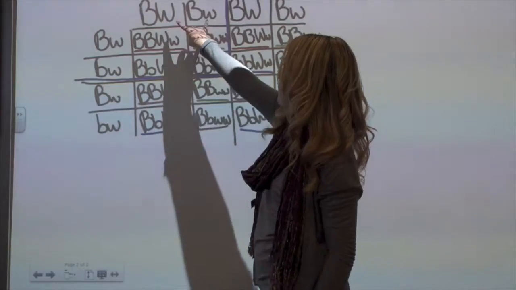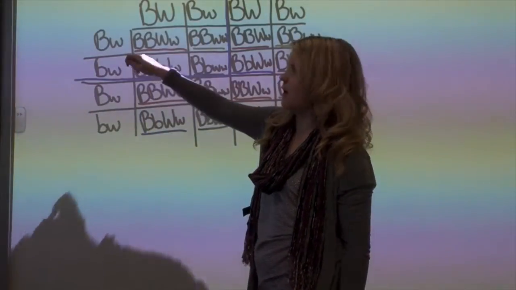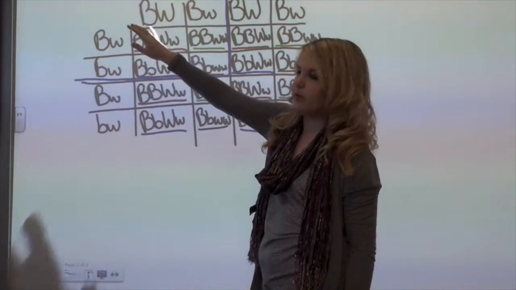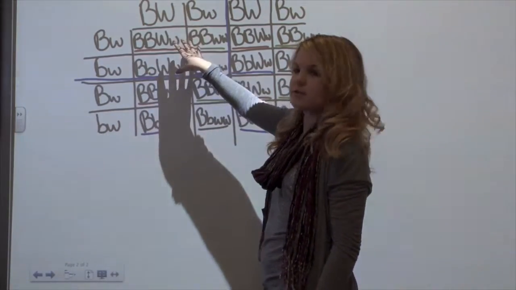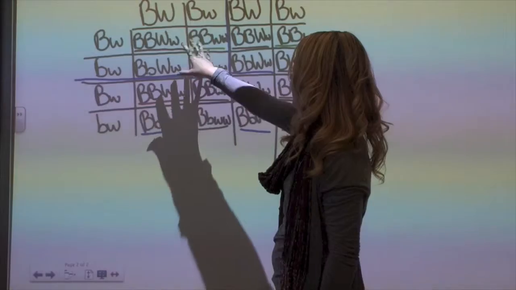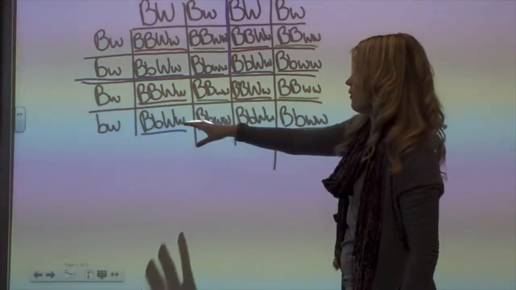So since these are the only four different possibilities of this dihybrid that we could get, you can just do a Punnett square of these four and then know that it would multiply by 4.